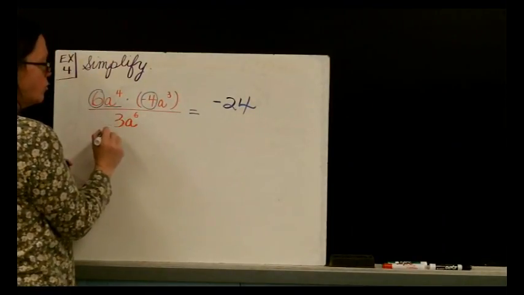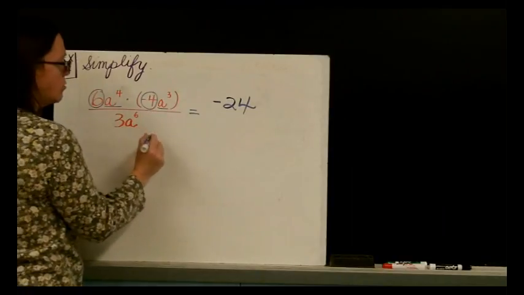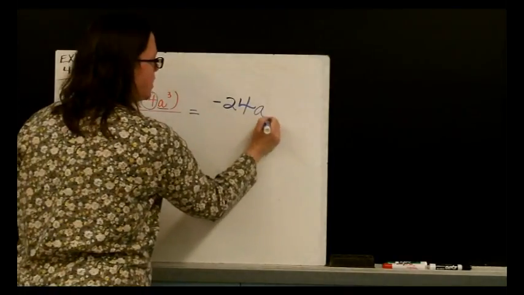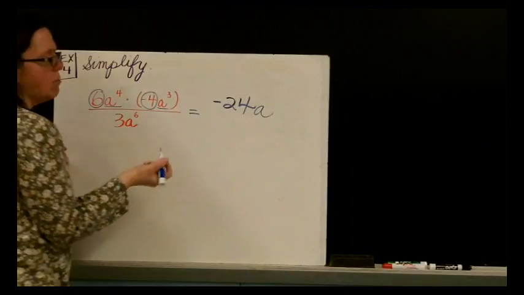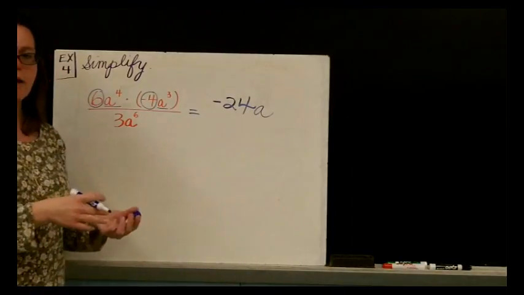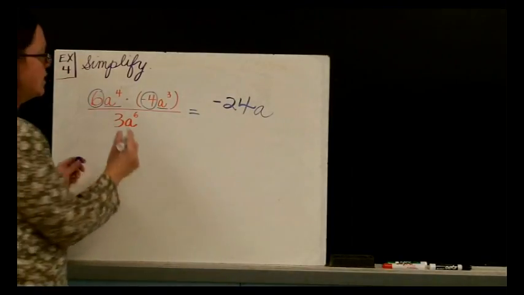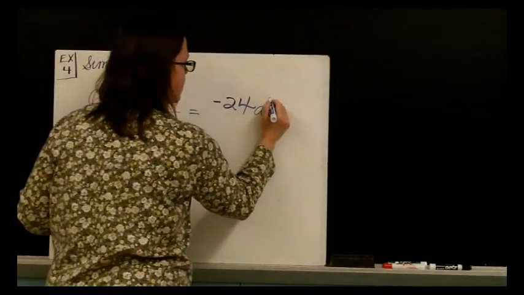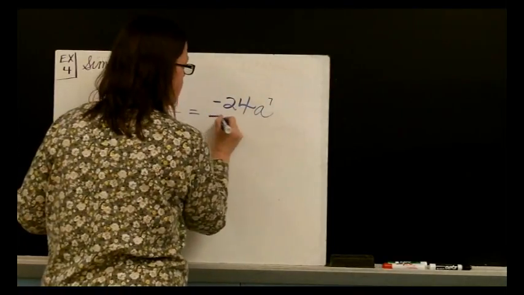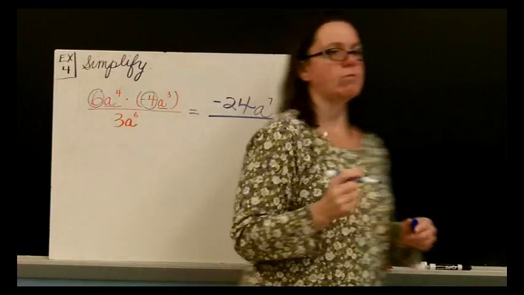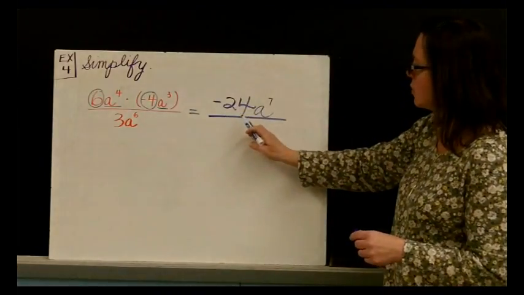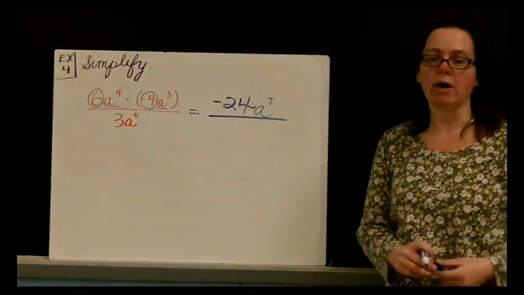We have a to the 4th power times a to the 3rd power. So I'll write my base a, and I remember that when we are multiplying powers, we add the exponents together. 4 plus 3 is 7. So our numerator is now much simpler, much friendlier. Negative 24a to the 7th power.